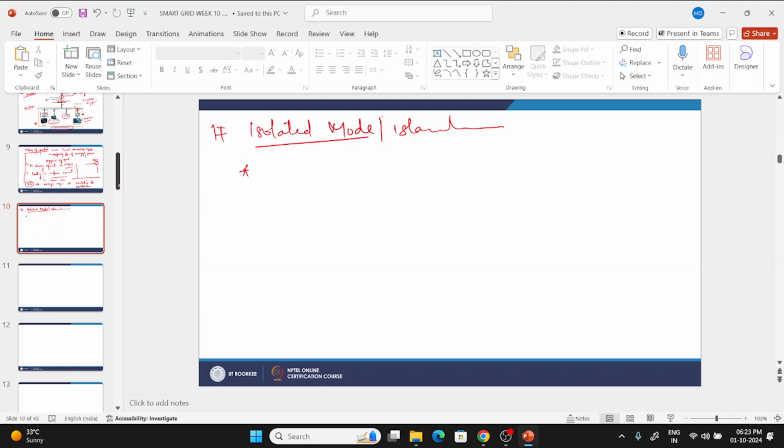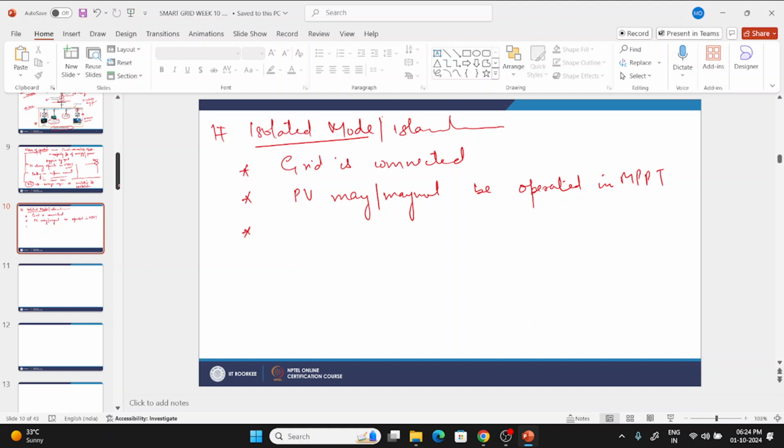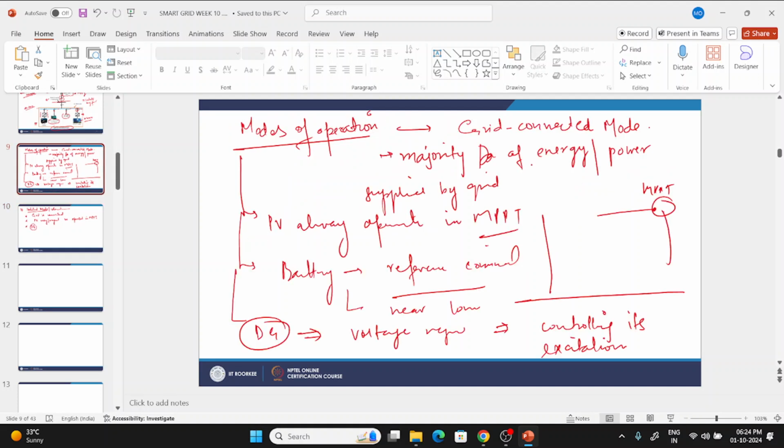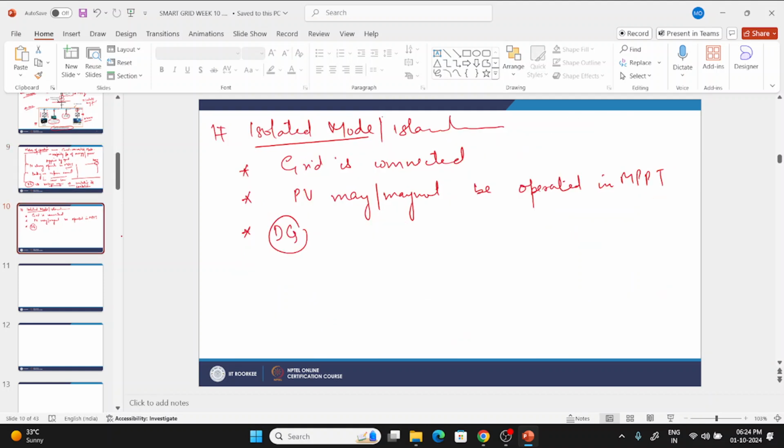In this, you already know that the grid is not connected. Now the PV may or may not be operated in MPPT mode, maximum power. The diesel generator in the previous mode was working as voltage regulation by controlling its excitation, but here the DG is operated in isochronous mode and it gives voltage support and frequency support.